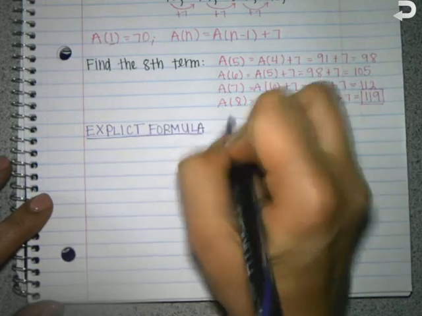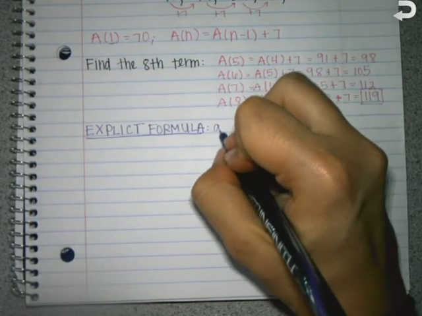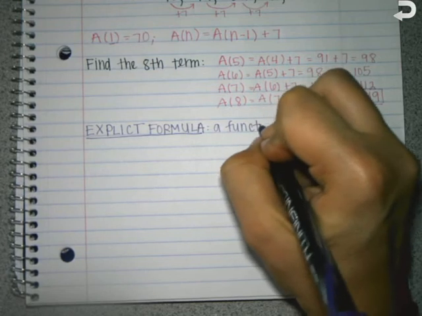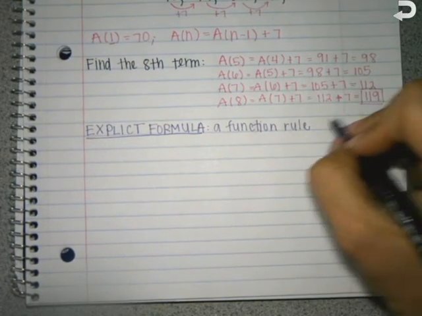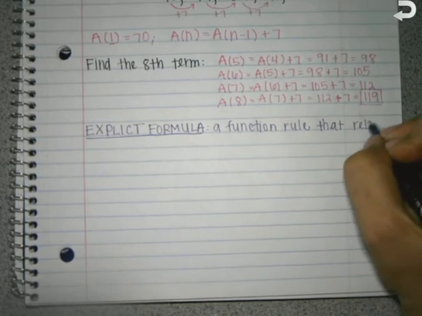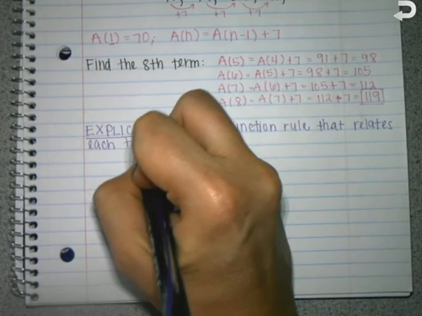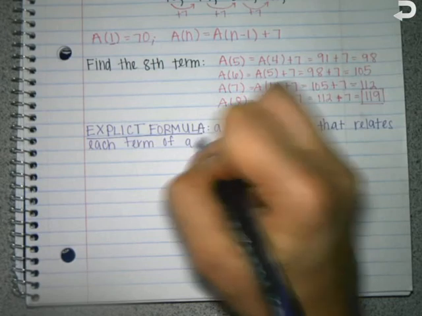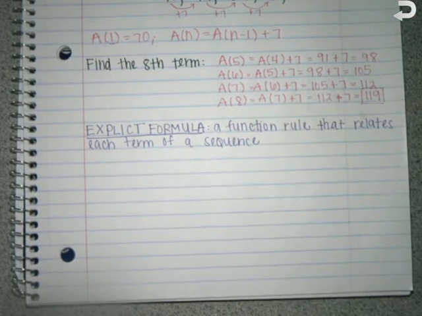The definition of the explicit formula is a function rule that relates each term of a sequence to the term number.